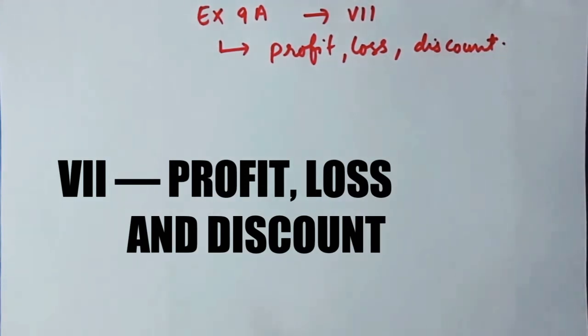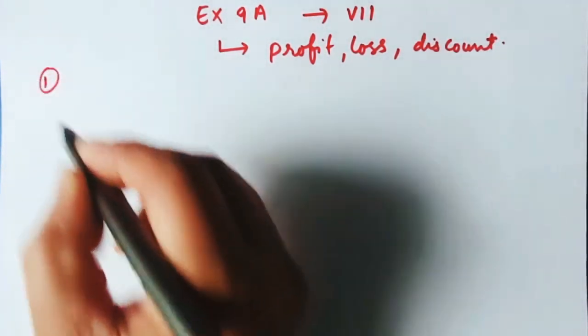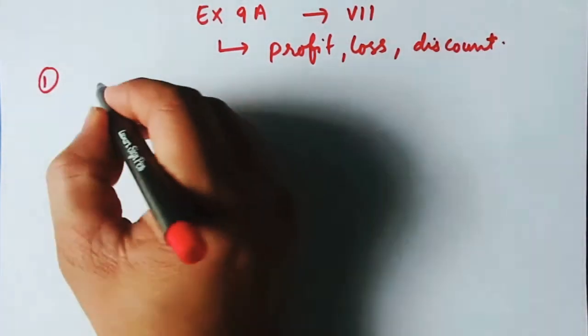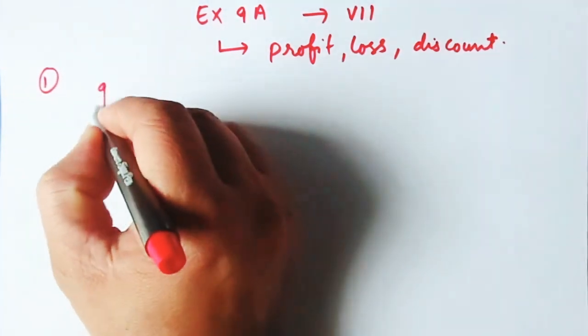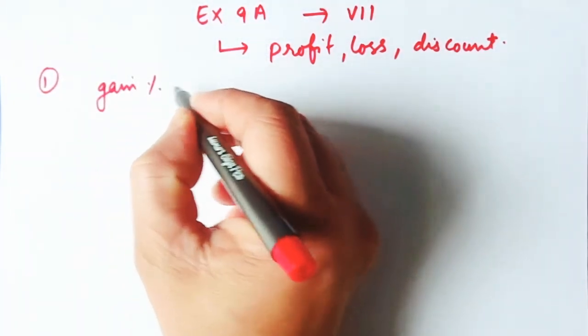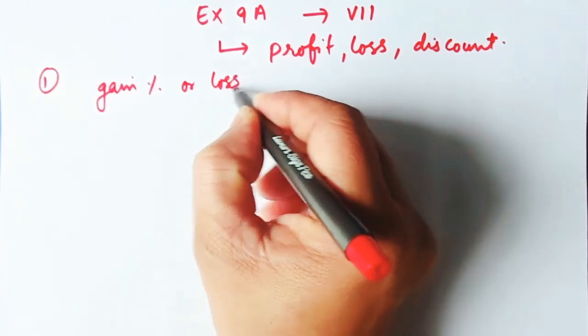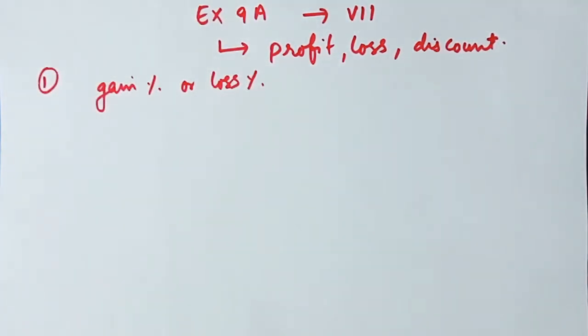So let's start with exercise 9a, where we have been asked to find gain percent or loss percent. So when do we have gain or loss percent? Only when we buy or sell certain things, isn't it?